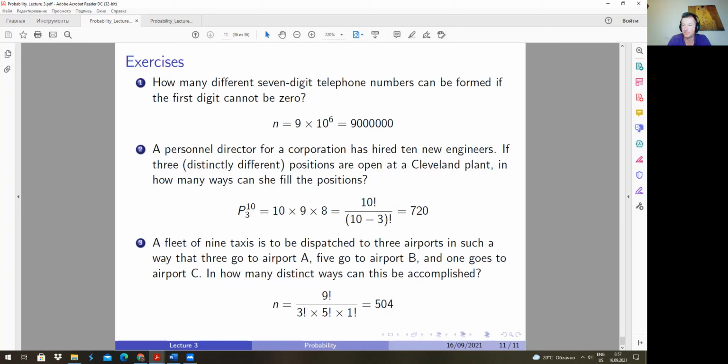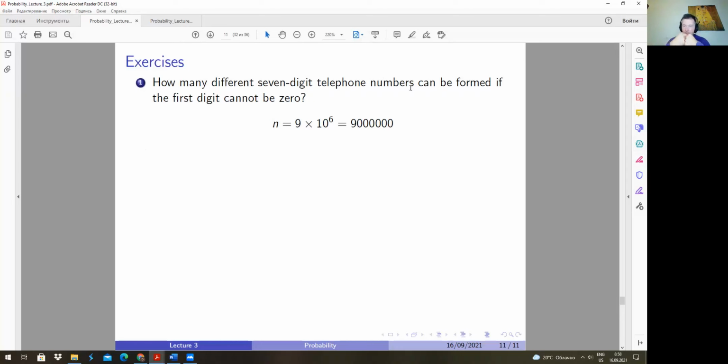Look, we have a 7-digit telephone number. It means that we have 7 places, and 7 times we need to pick a digit. The first must not be 0, so we have 9 possible options to pick the first digit. Then on the second digit, we have 10 possible outcomes, because it's 0, 1, 2, 3, 4, 5, 6, 7, 8, 9.